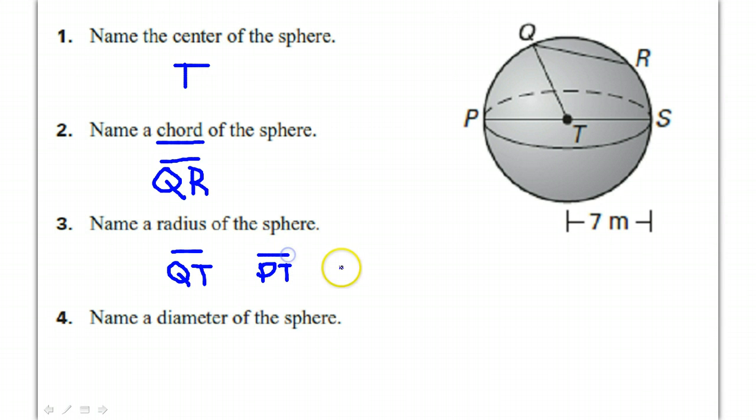Right. All of these are examples of radii. Okay? Greder, can you tell me the diameter of the sphere? Correct. PS would be an example of the diameter of the sphere, segment PS. Again, make sure you're putting the segment symbols over your answers. Okay?